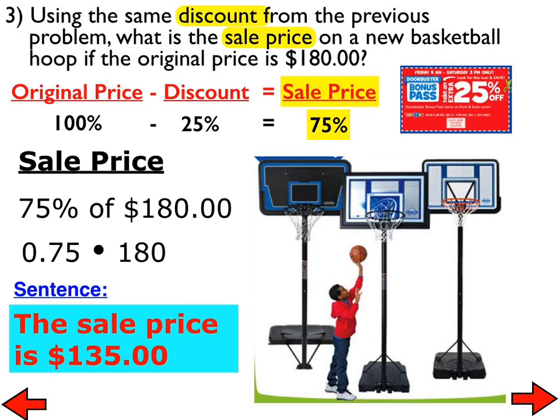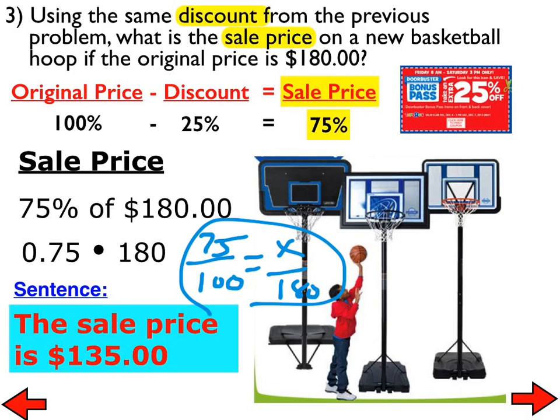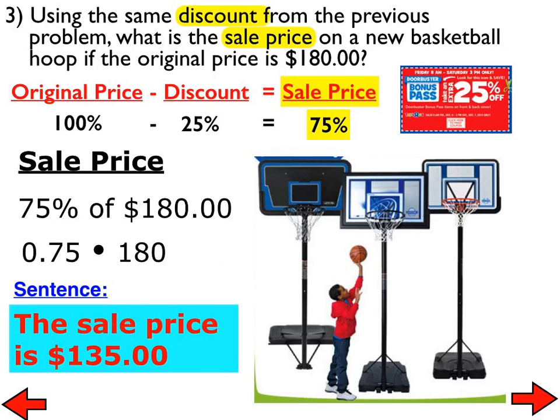If you used a proportion, it would be 75 over 100 equals X over 180. Either one of these two methods would give you the sale price of $135. Okay? All right.